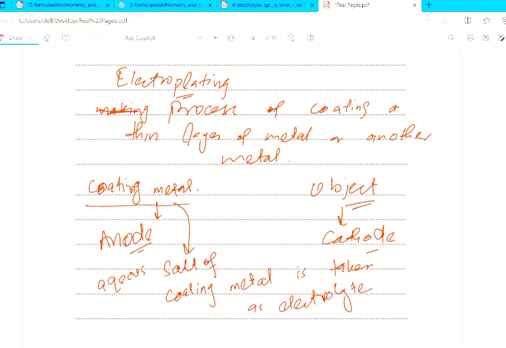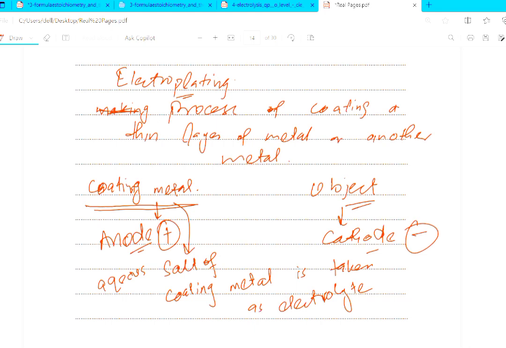So the coating metal, which has to be electroplated, is taken as the positive anode. The object which has to be coated is taken as the negative cathode. And the aqueous salt of the coating metal is taken as electrolyte.